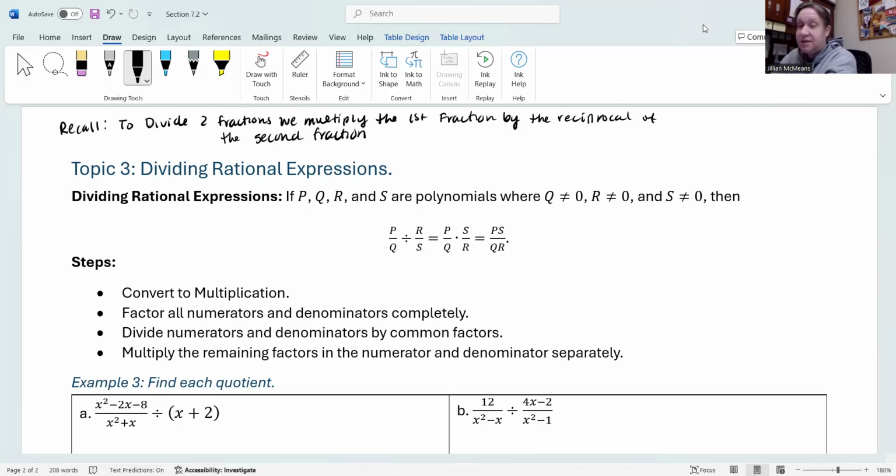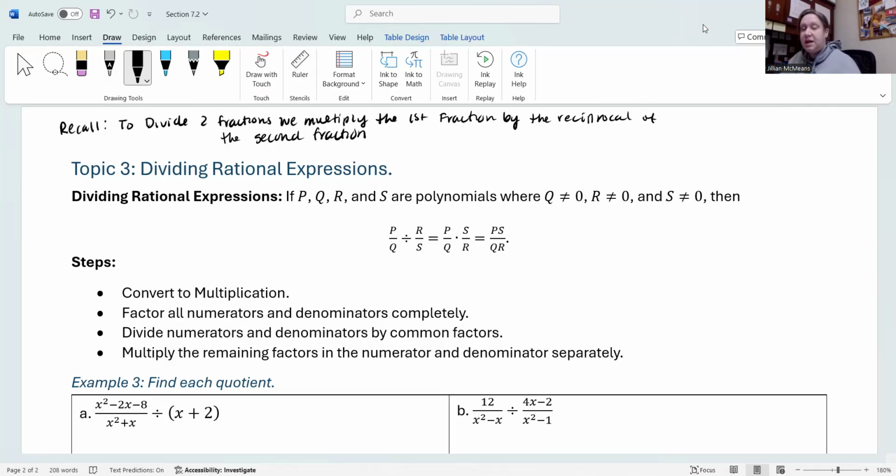So that's basically saying what I just wrote down. When you divide two fractions or divide two rational expressions, you multiply the first expression or fraction by the reciprocal of the second, okay? So that's exactly what's happening here. It's the same as what we do with just fractions, okay?